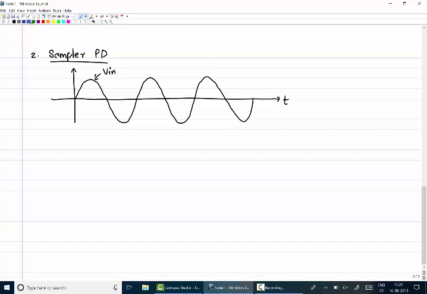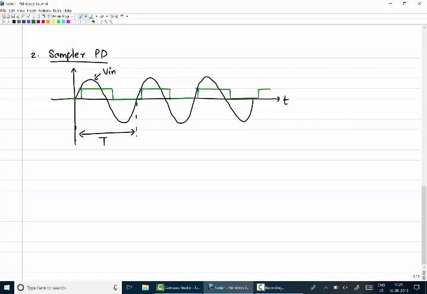So if I sample this particular sine wave with the same frequency as the frequency of this sine wave, using another clock, for example, let us say my other clock is this. I chose one sinusoidal and one rectangular just for ease.